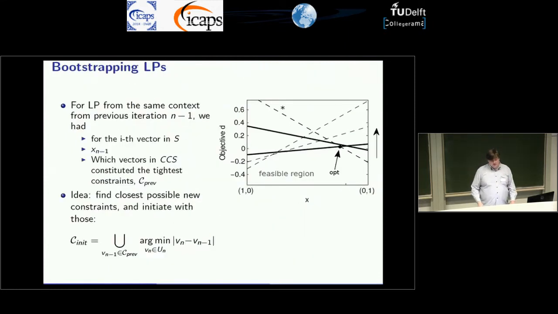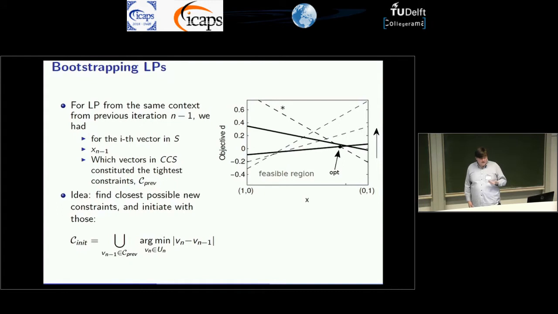So if we do this iterative constraint adding procedure, then we can actually use the constraints that are most similar to the ones we've seen for the same context inside our value iteration algorithm from the previous iteration.